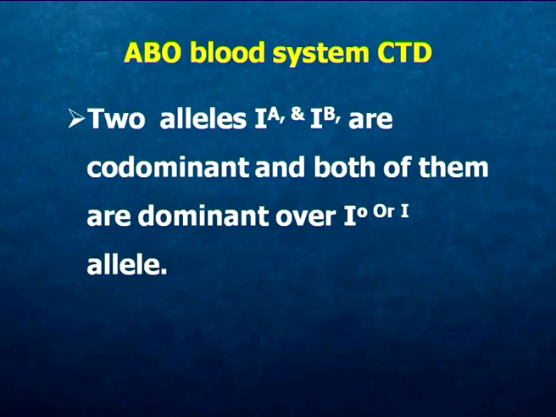A and B antigen molecules on RBCs are produced by 2 alleles, IA and IB, of the gene I. Now, the 2 alleles IA and IB are codominant. They are not dominant over each other. They are codominant, and both of them are dominant over the IO allele.